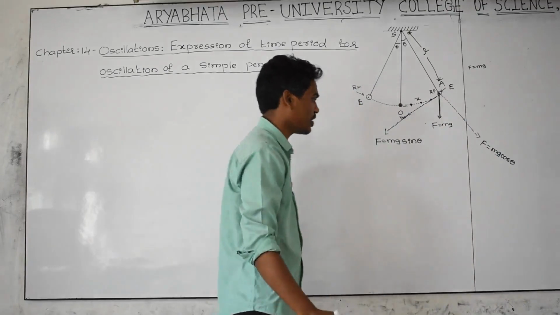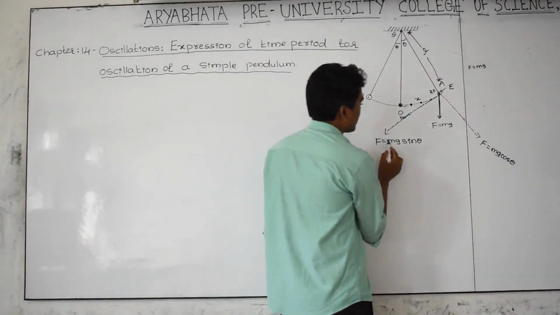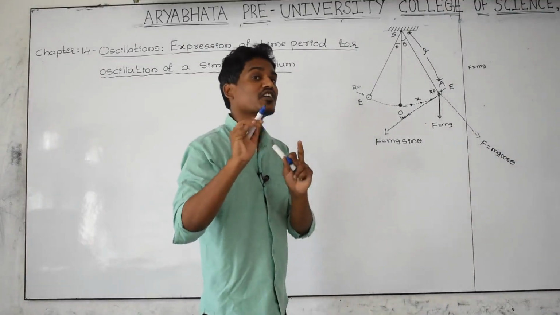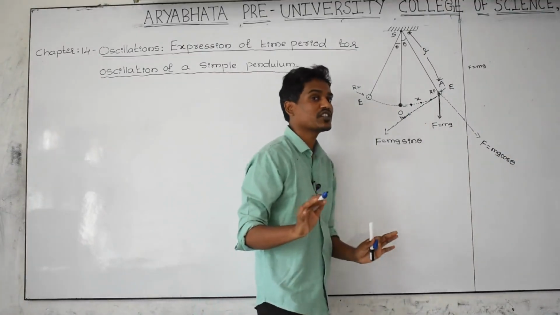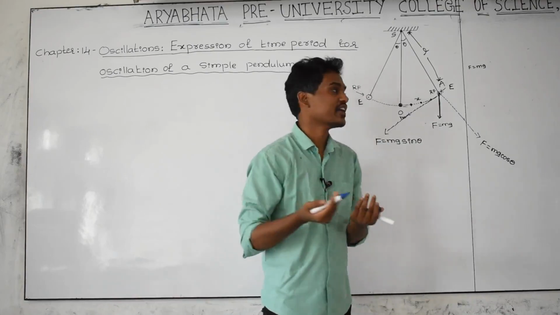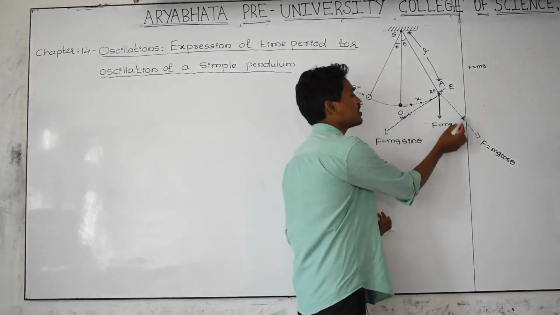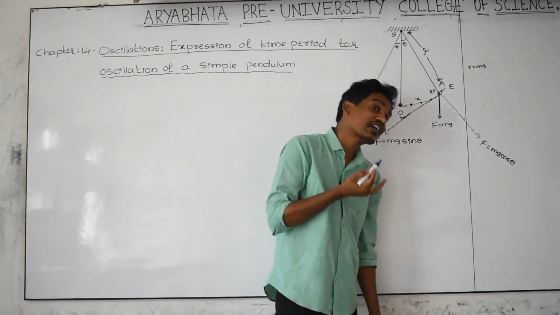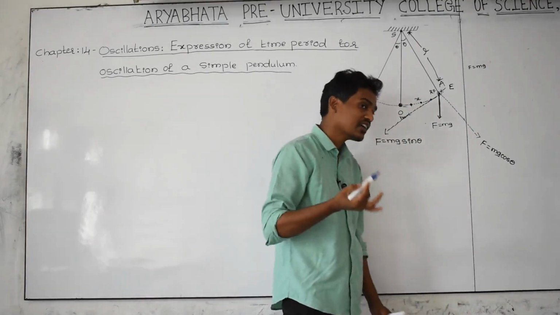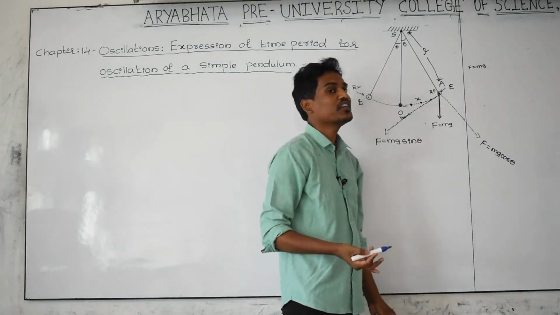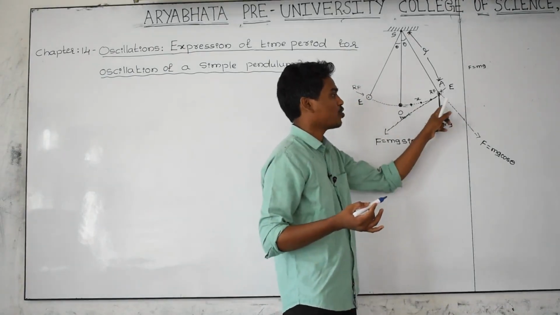Rectangular components we are using: mg sin theta and mg cos theta are the rectangular components. Rectangular indicates the angle between this force and this force is exactly 90 degrees. Components means parts of this force.